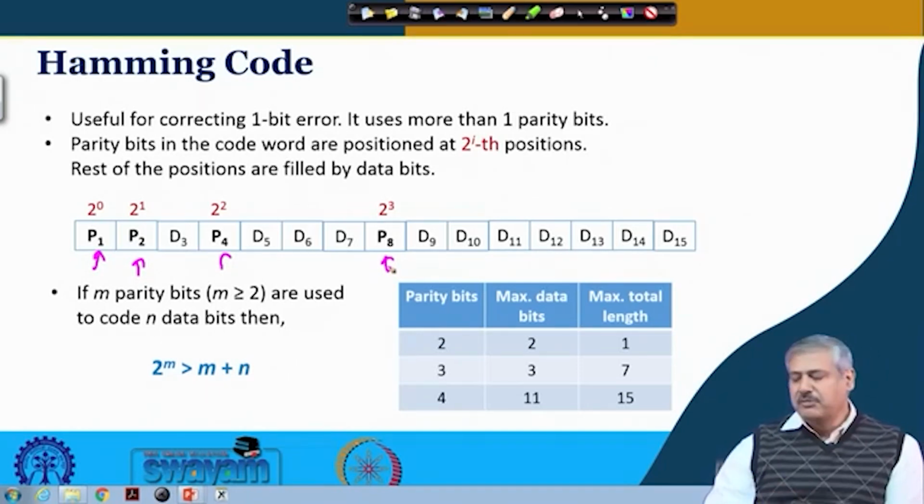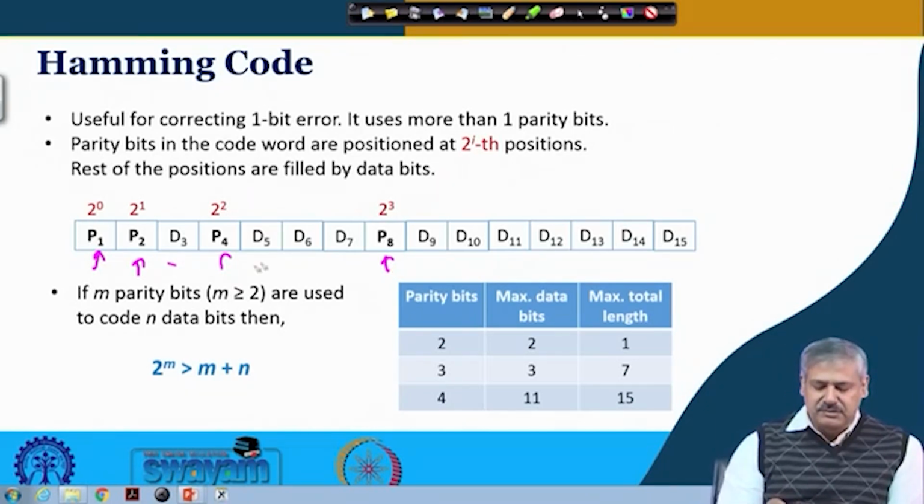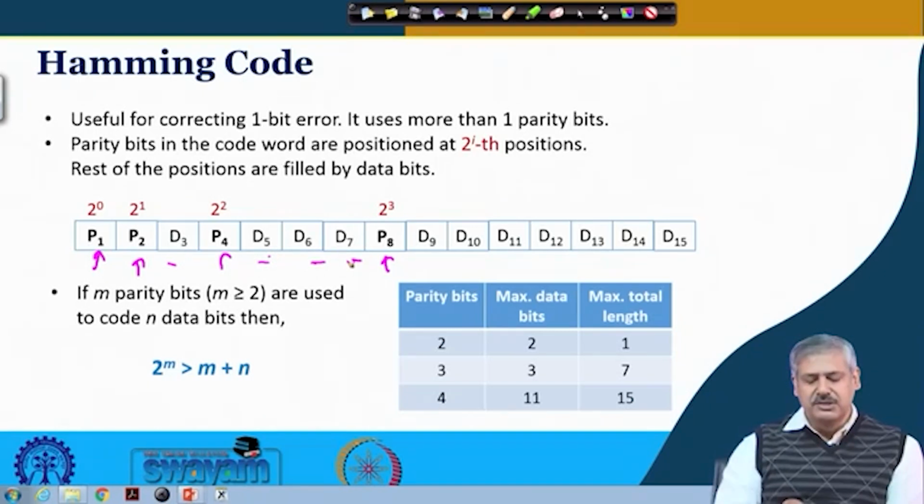So, these positions will be filled by parity bits, and the rest of the positions will be filled by the data, like the third position, fifth position, sixth position, seventh position. So, this is the way the count will progress.